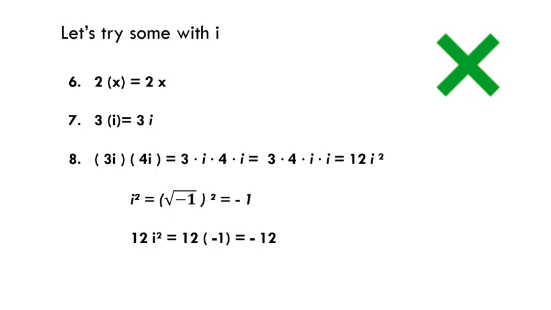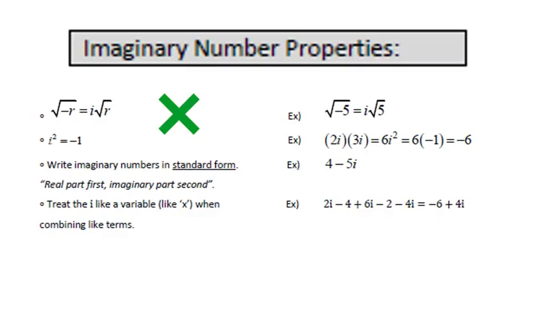To get i squared's value, i squared is equal to negative 1. That's this part right here. So in place of i squared, you can substitute in negative 1, just like what they've done here. What's 12 times negative 1? Negative 12. So write this down right here: i squared is equal to negative 1. That is a big thing.